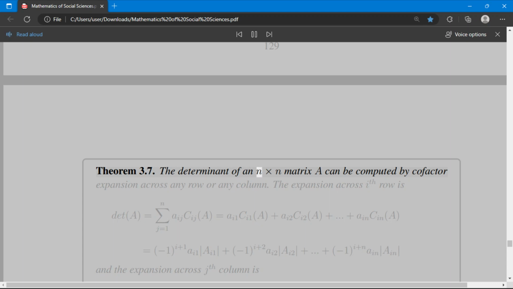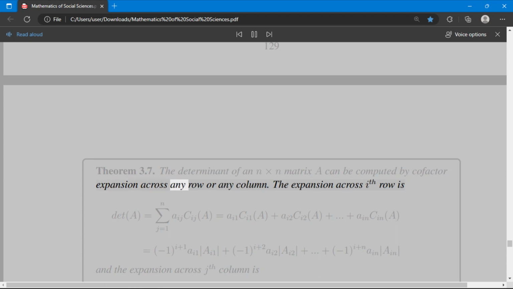Theorem 3.7. The determinant of an n times n matrix A can be computed by cofactor expansion across any row or any column.